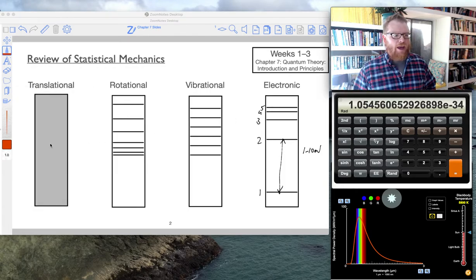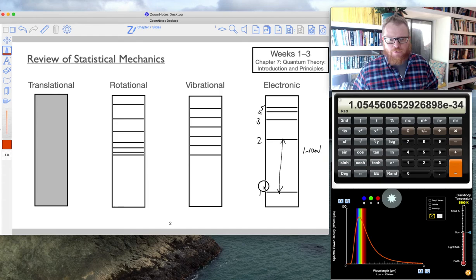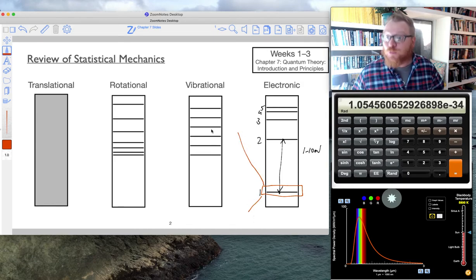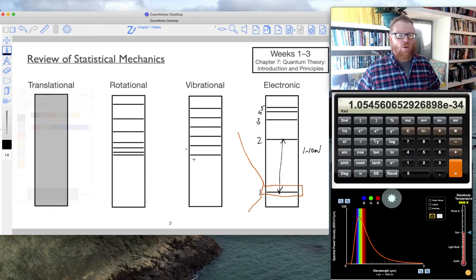If you recall, if I were to zoom in on this very first electronic energy level, that small little box here would correspond to the entire vibrational energy spectrum. So we would get a whole host of levels. Let's suppose I miscopied this.